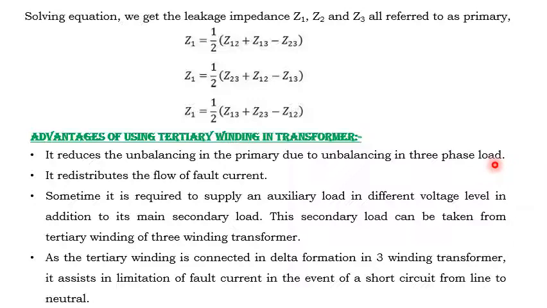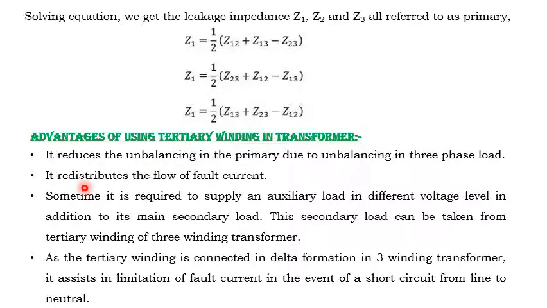If an unbalanced load is connected to the transformer, it reduces the unbalancing in the primary, because the tertiary winding is delta connected and suppresses the zero sequence current, so the unbalanced condition will be reduced at the primary.